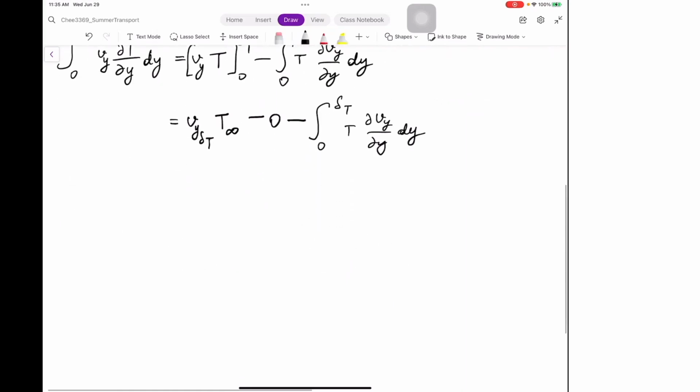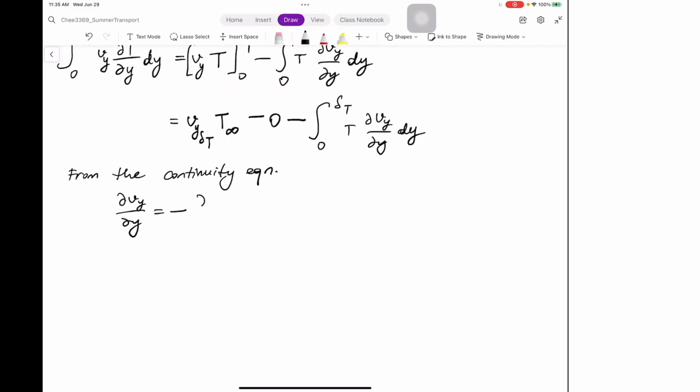Good. From the continuity equation, you can actually get an idea about this term. Del Vy over del y is nothing but the negative of del Vx over del x.